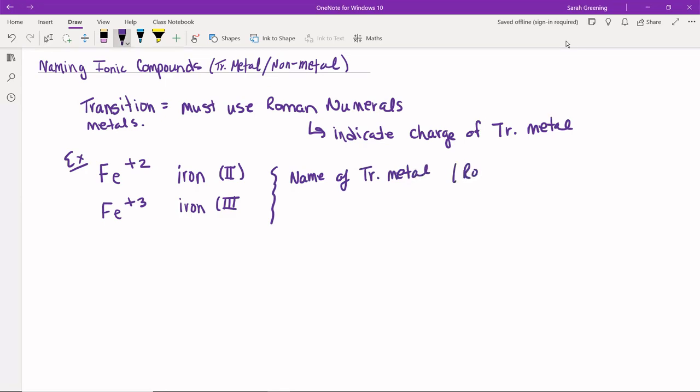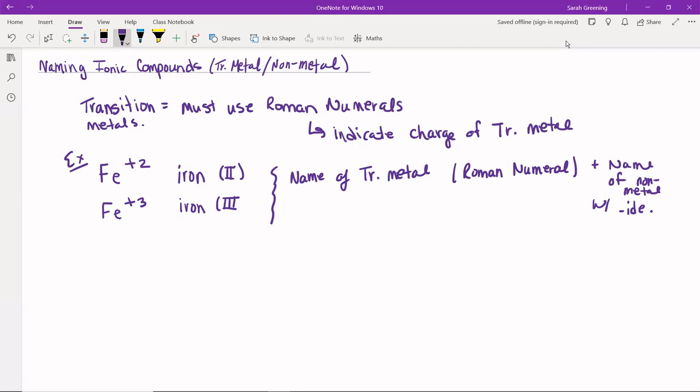Then you would have the Roman numeral in parentheses and the name of the nonmetal with, of course, its IDE ending. And there's a video that talks about nonmetals and what their IDE ending looks like.